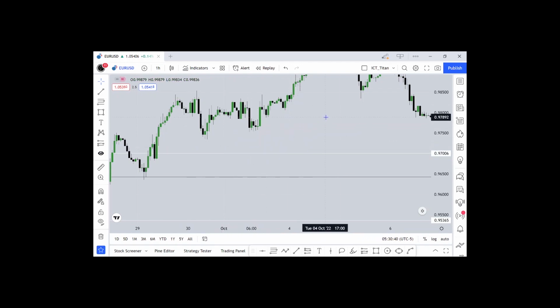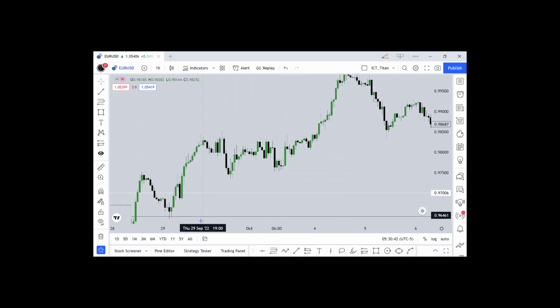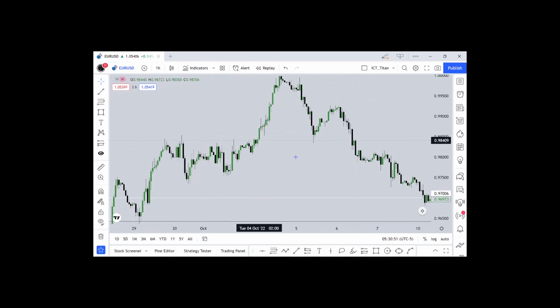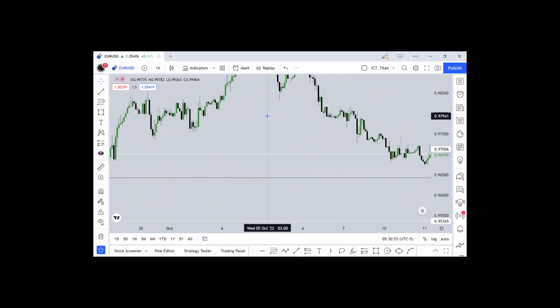But you can lower the time frame. At this particular point, we want to say that we're making our entries on the 1 hour time frame. That's why I'm looking at the 1 hour time frame.